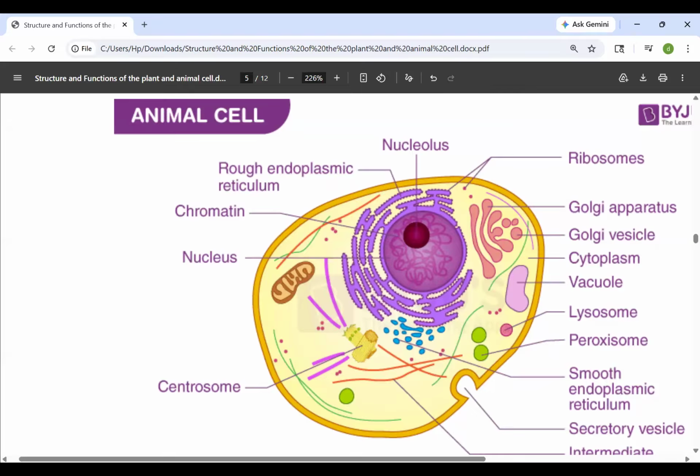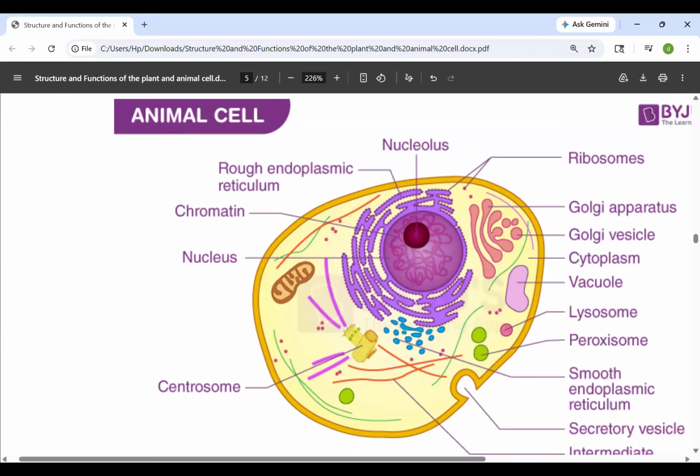Right now, look at the picture in your textbook. They have given SER, smooth endoplasmic reticulum. And cytoplasm, you know, that is the medium. Ribosomes, you know, they are tiny ball-like structures. Golgi complex is something like a stack on each other, something like a sandwich. Then centriole is here; you have to learn that.